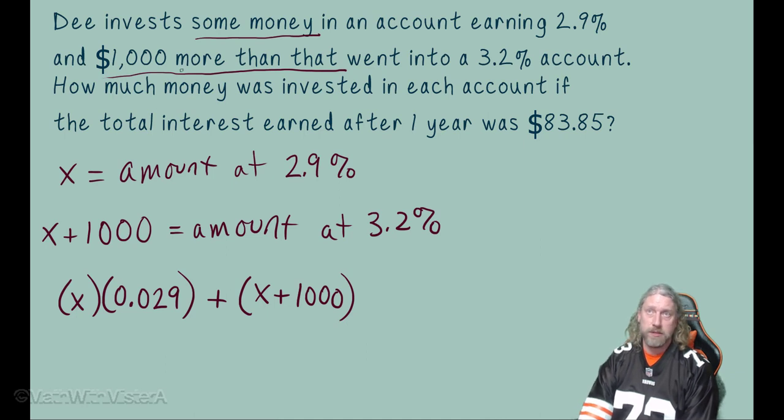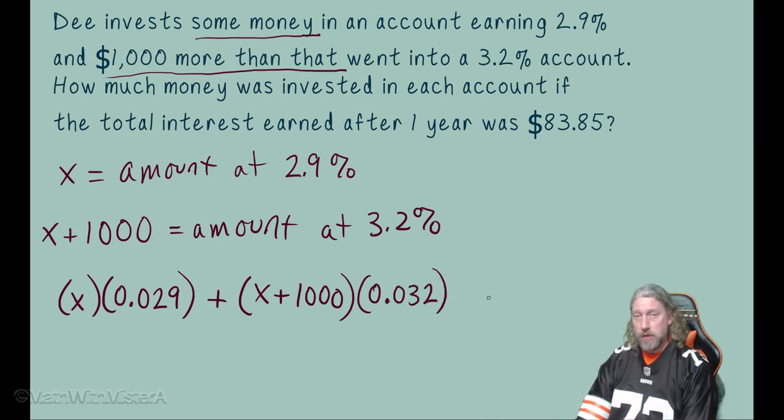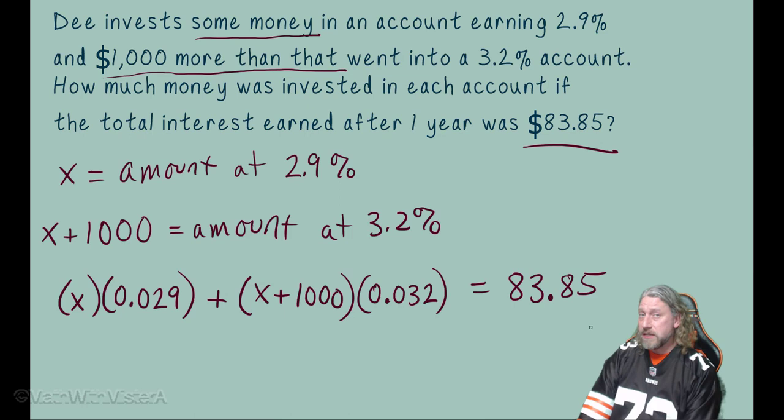That's the $1,000 more than the first account. And that one has an interest rate of 0.032 for the 3.2%. And when we add up those amounts of interest, we know the total interest should equal $83.85. Now let's solve this equation.